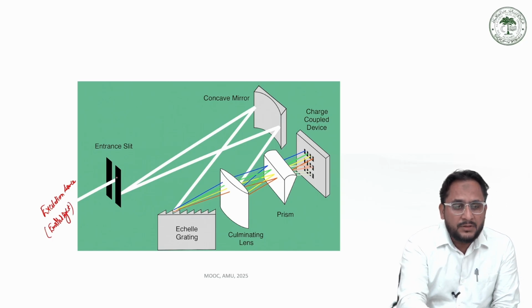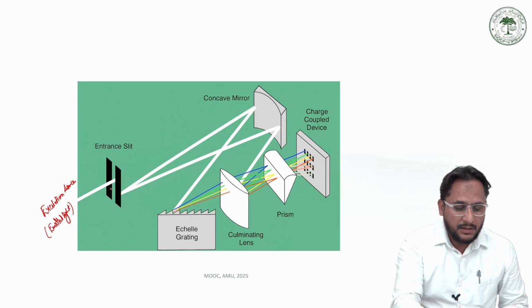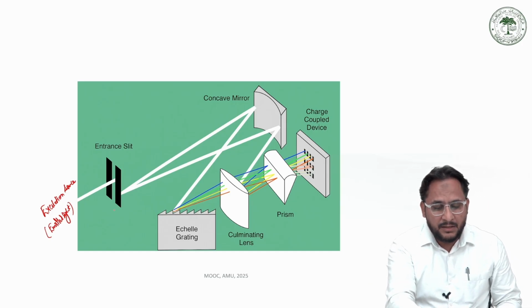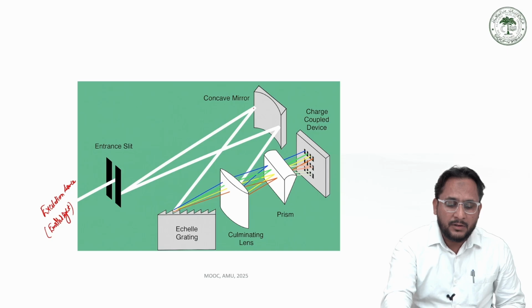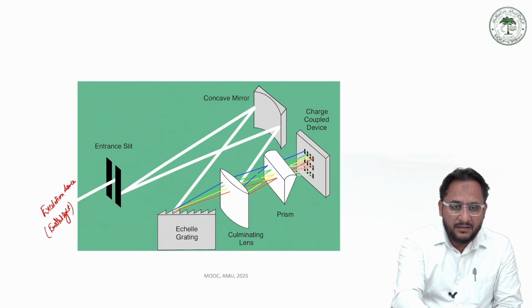Then it passes through a slit. This entrance slit also excludes some light radiation and allows some of it, and then it falls on a concave mirror which directs it towards a grating.